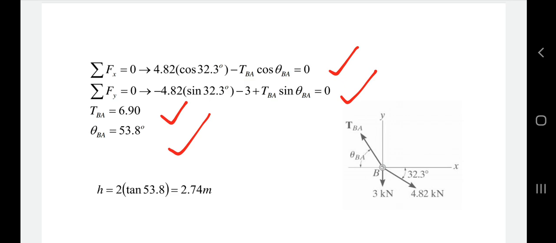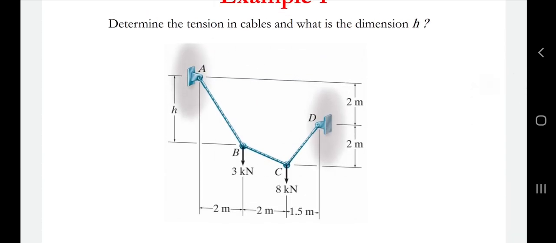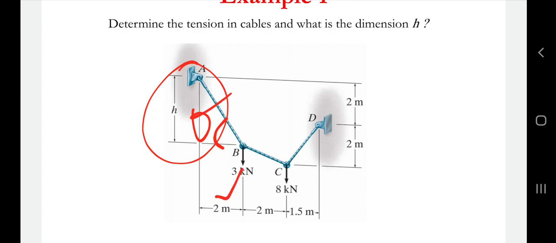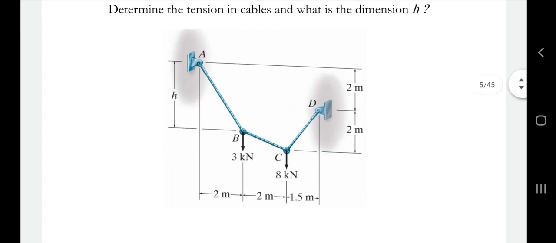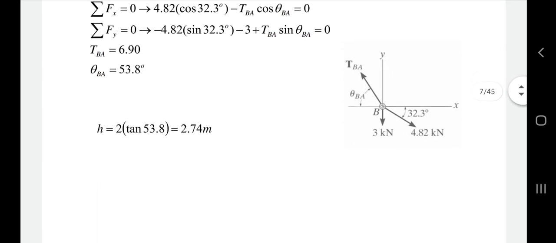The other thing that was asked in the question was the distance H. If you go here, is the distance H. It is very simple. If you know the theta and obviously you know the x distance, that is 2, you can find out the distance H very easily, like it is done in this equation.